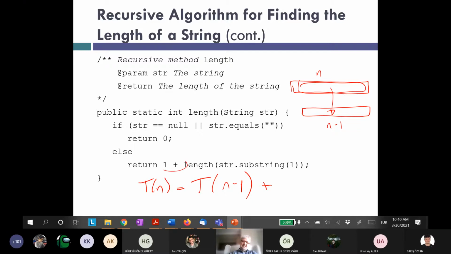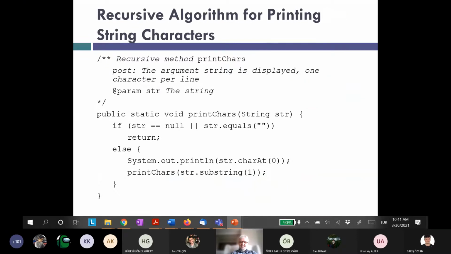And 1 is incremented and the return is over here. So Theta(n) operations are performed other than this recursive call. Is it clear? What about this one? Again, the running time is T(n).